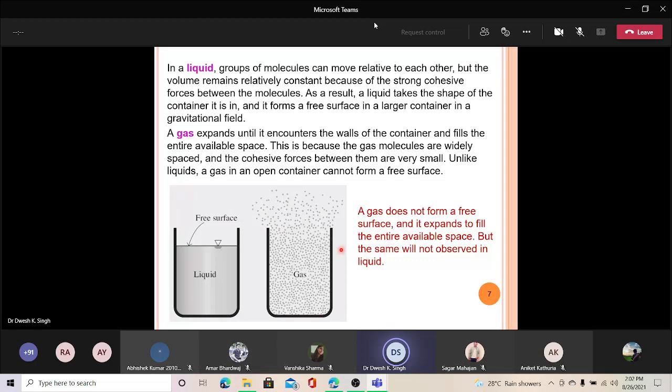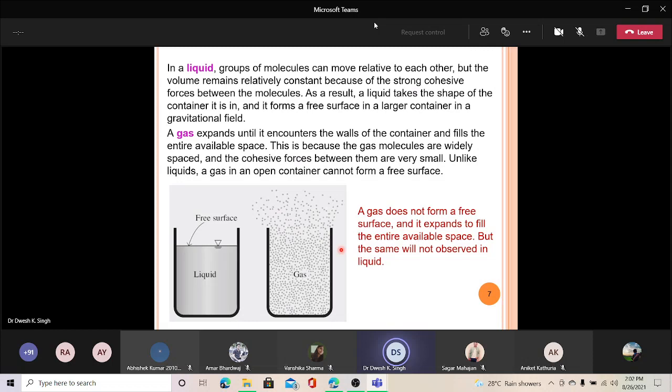Due to this, the gas is not able to generate a free surface, because with less cohesive force the molecules take the shape of the container, since they are free to move and there is no force which can bind them. So the gas doesn't generate any free surface.